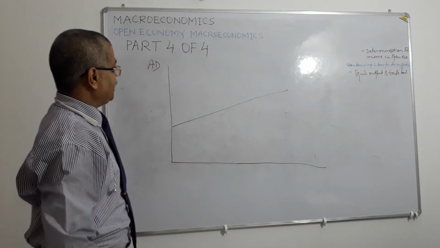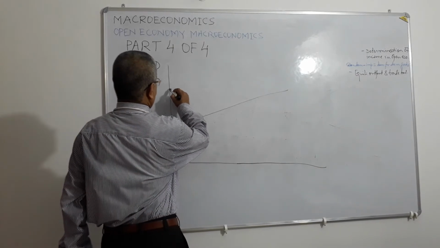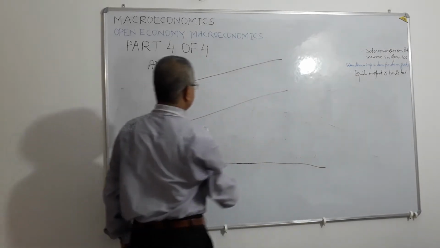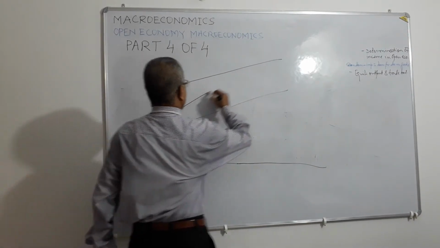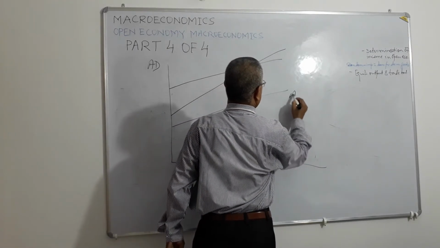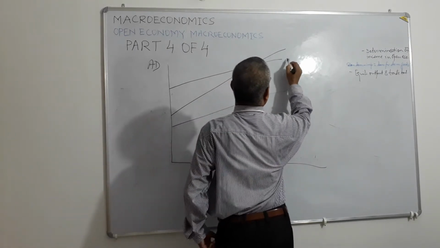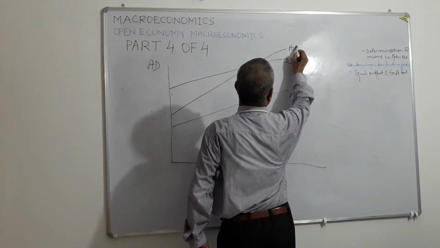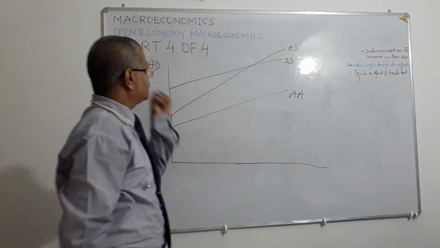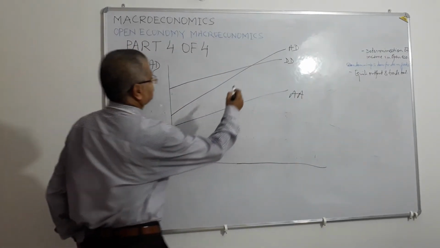This line is AA, this line is DD, and this line is AD. So what does it reflect?